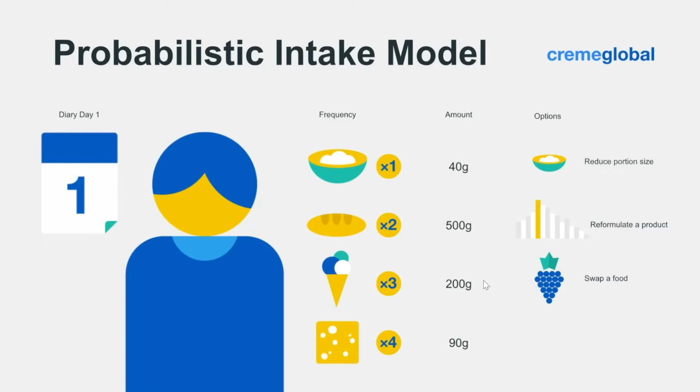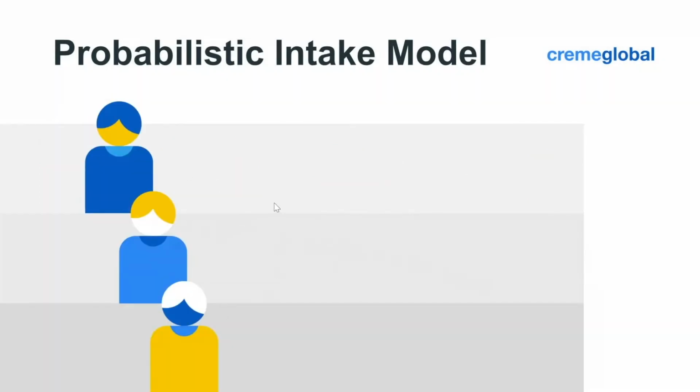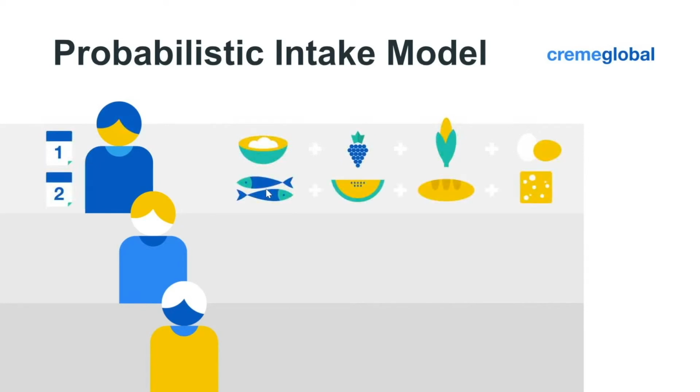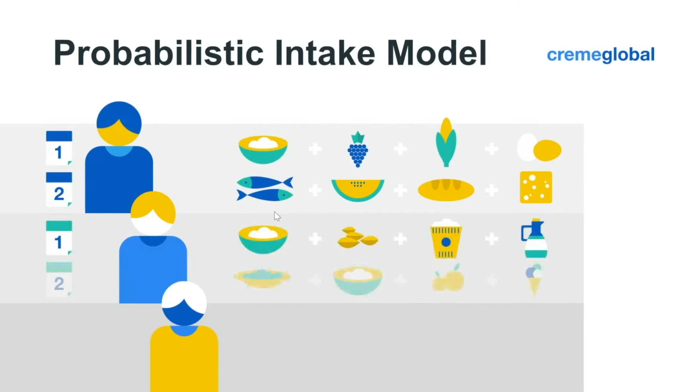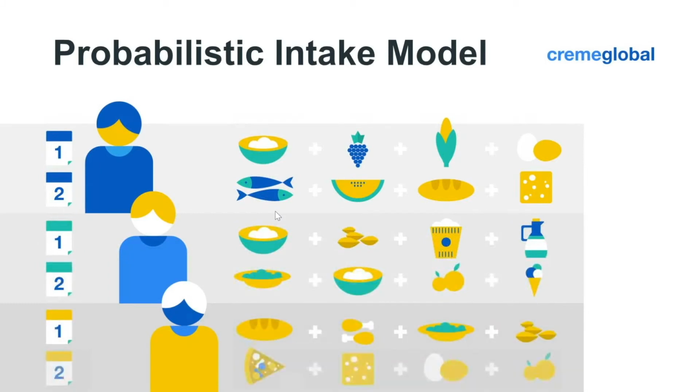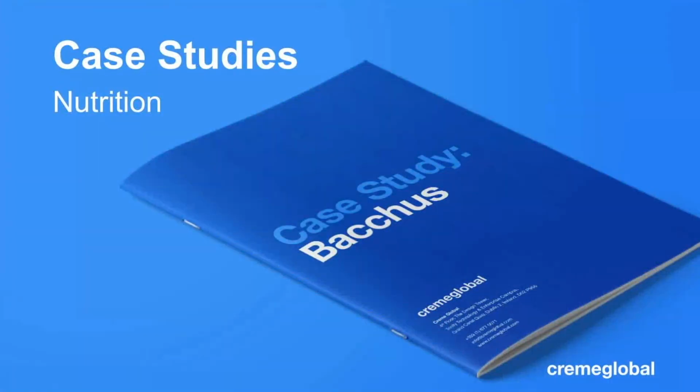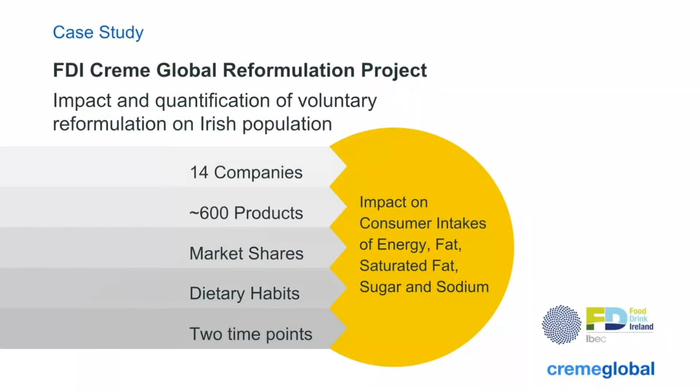And we could also look at what would happen if we swapped a food, like say this ice cream, for another type of food. So then we can apply this to one person during one day, but we can also look at what happens across several days and across each person when we apply these scenarios, and we can get our daily average then.